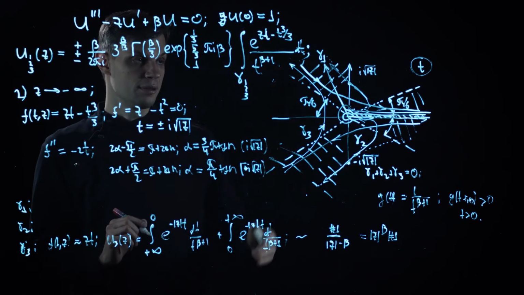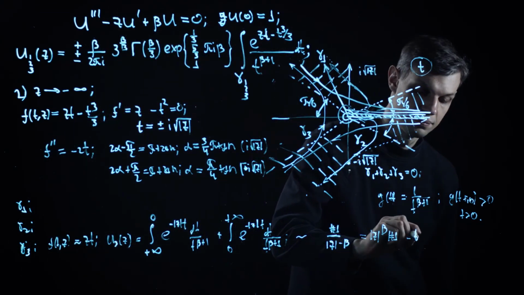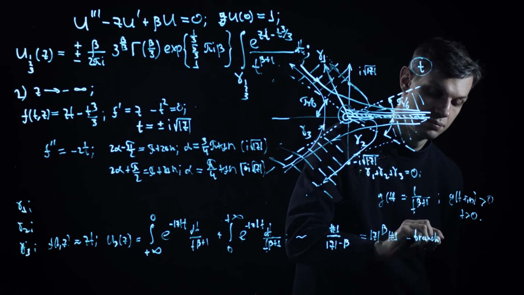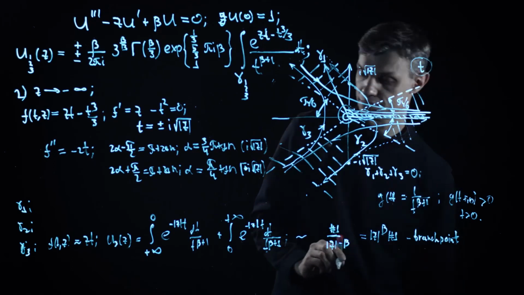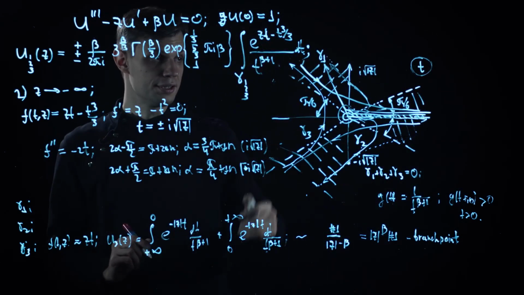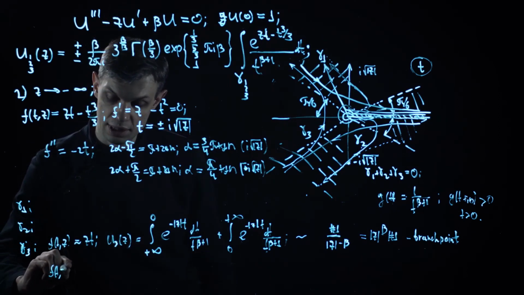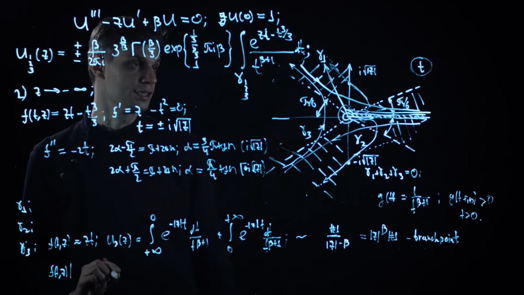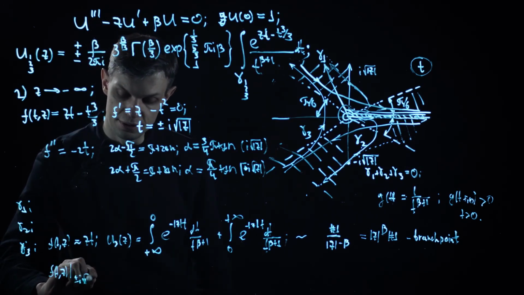Now let us compute the contribution from the saddles. So that's a branch point. The saddles are here and here, and first we compute the value of our exponential function at the points plus minus i square root of modulus z.